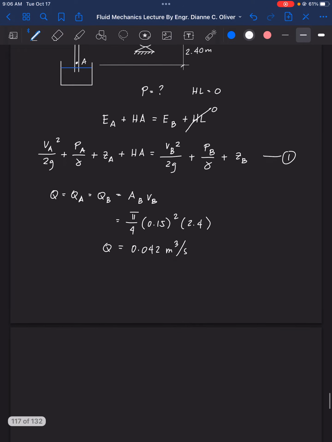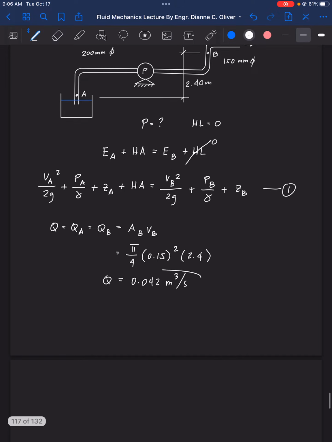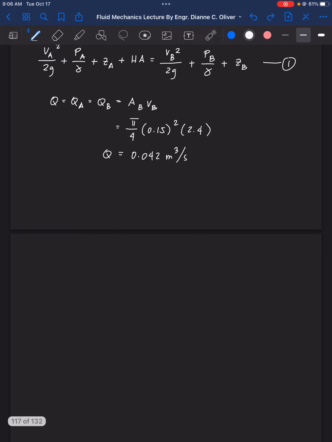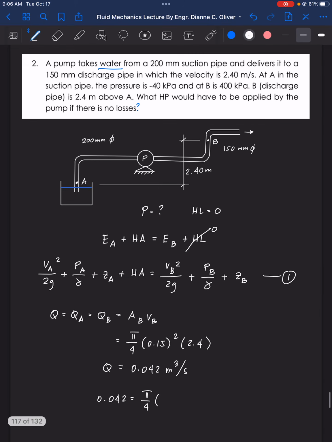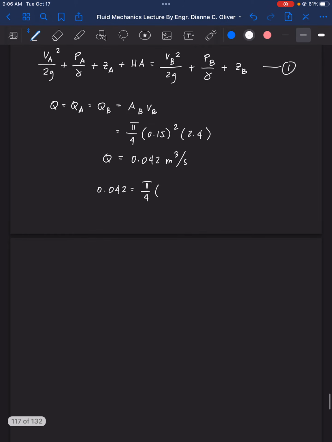Then, since we have Q now, we can get the value for VA at A. So 0.042 equals pi over 4 times the diameter of the suction pipe, that is 200 mm, 0.2 squared.